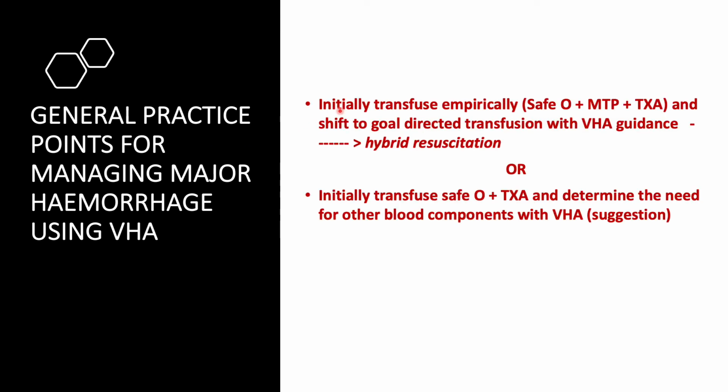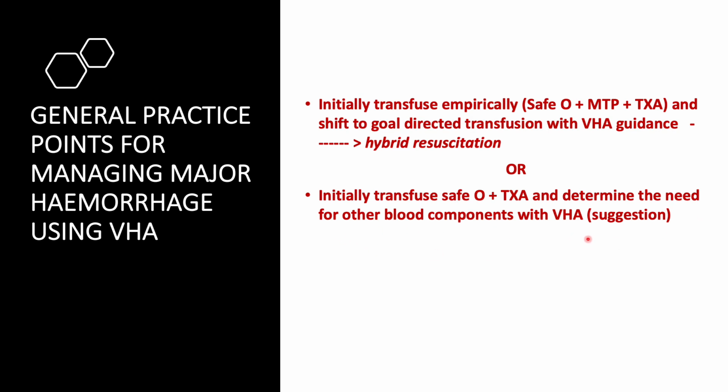General practice points for managing major hemorrhage using VHA. What you can do is initially transfuse an exsanguinating patient empirically with SAFE-O, MTP pack, and administer TXA, and shift to a goal-directed transfusion with VHA guidance as soon as possible. This is known as hybrid resuscitation. Or initially transfuse SAFE-O and administer TXA and determine the need for other blood components with VHA.